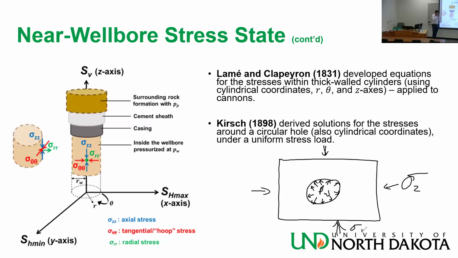I remember my advanced drilling professor saying, I don't know who did it. I tried to find out myself who did it, but I don't know who. And then there was somebody else. I ignore him in this analysis, but there was somebody called Inglis in 1913.